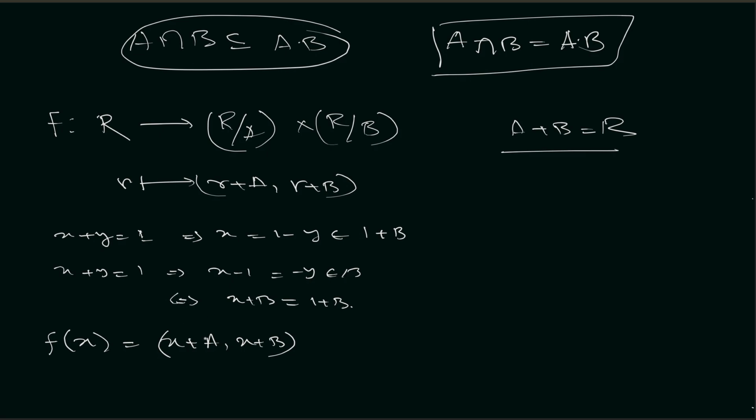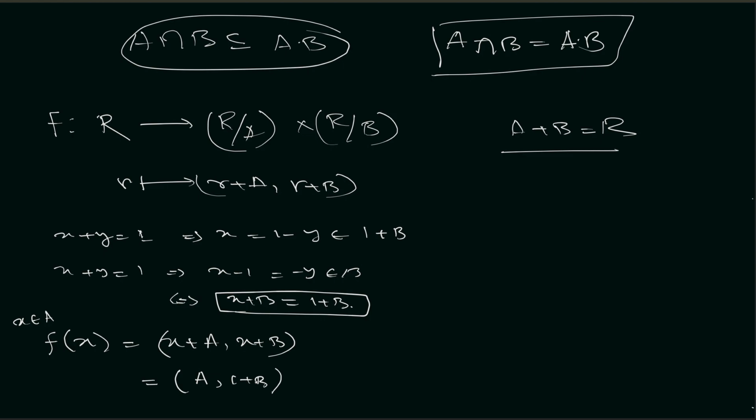For x plus A, x is an element of A, so x plus A is nothing but A, because it is already dominated by this A. And what is x plus B? X plus B I have from here, 1 plus B.